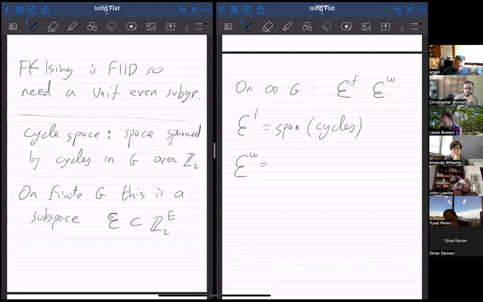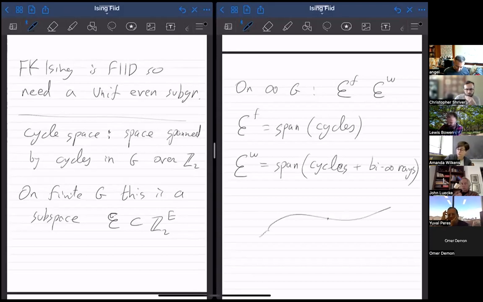The wired limit is spanned by cycles plus infinite rays. So this is also allowed.